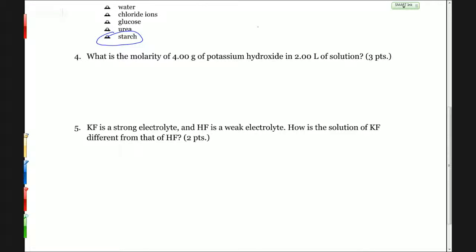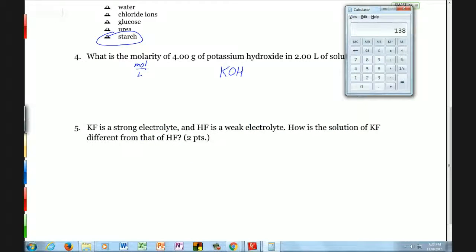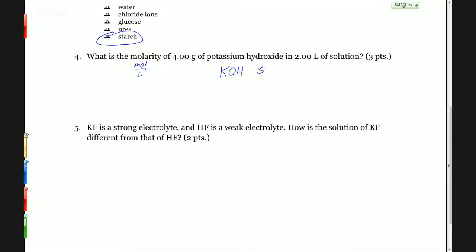All right. Molarity of potassium hydroxide, again, we need moles per liter, so molarity is going to be moles per liter. We've got grams, we need to make that into moles. Potassium hydroxide is KOH, so that means that mass is 39 plus 17 is 56.